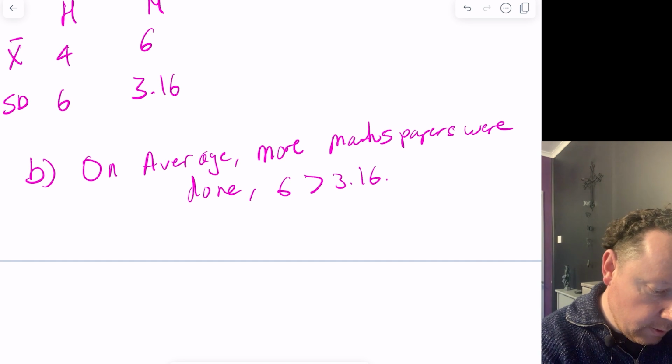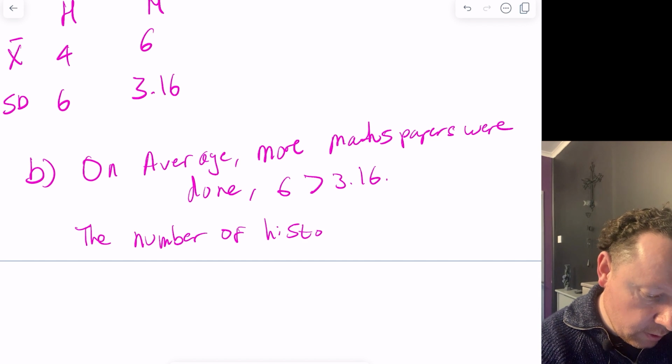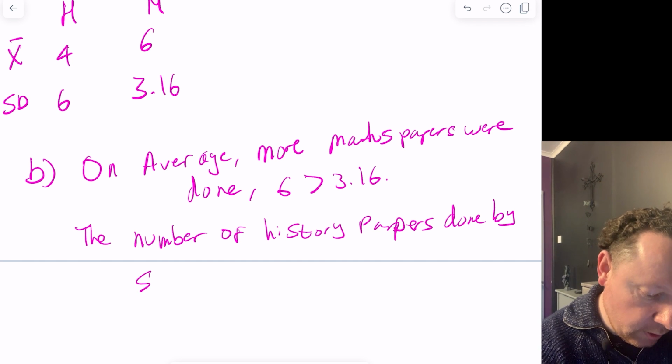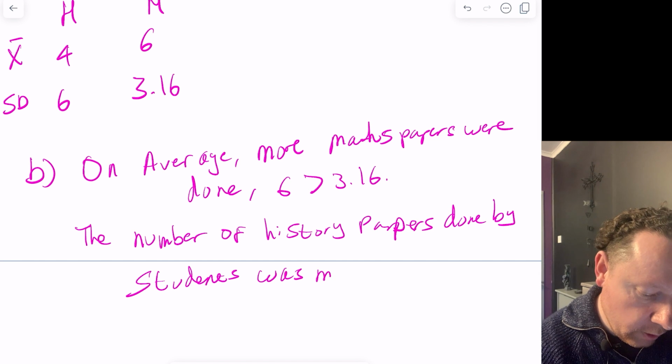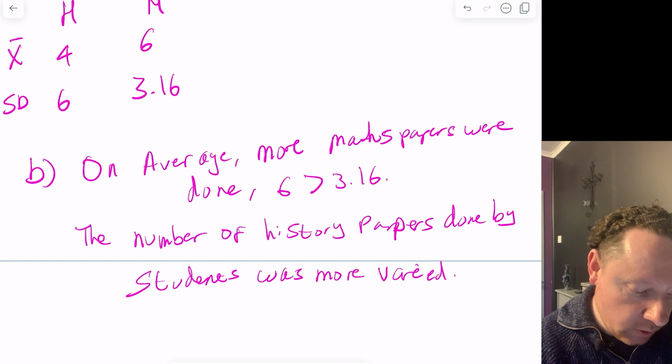So the number of history papers done by students was more varied. I always use varied because then I can just say it's a bigger number, 6 is bigger than 3.16.